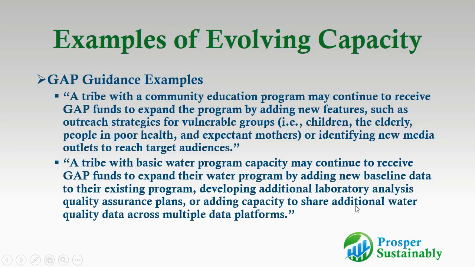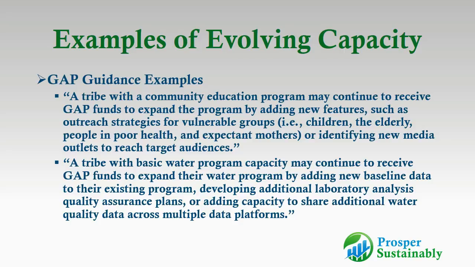So in this case, you may be just doing very basic sampling for bacteria, and let's say maybe turbidity and temperature, but you want to expand that to incorporate heavy metals. So you may need to update your QAP, you may need to identify a new lab, you may have internal capabilities that you can expand upon. So GAP is possibly eligible to fund those things as well.